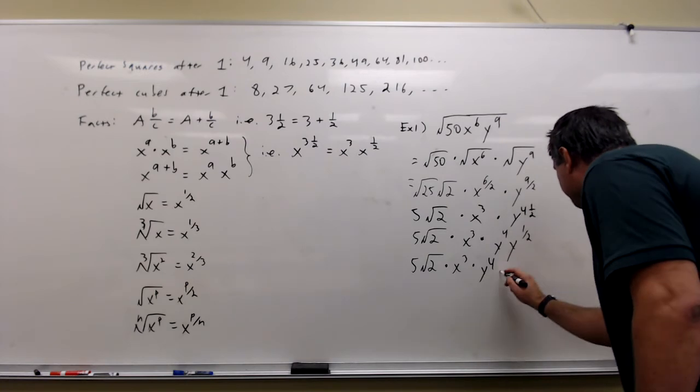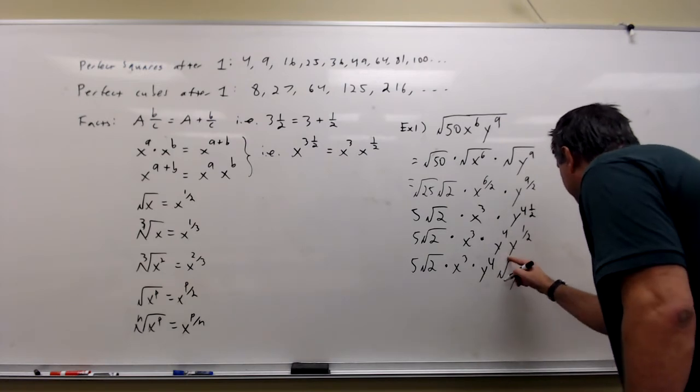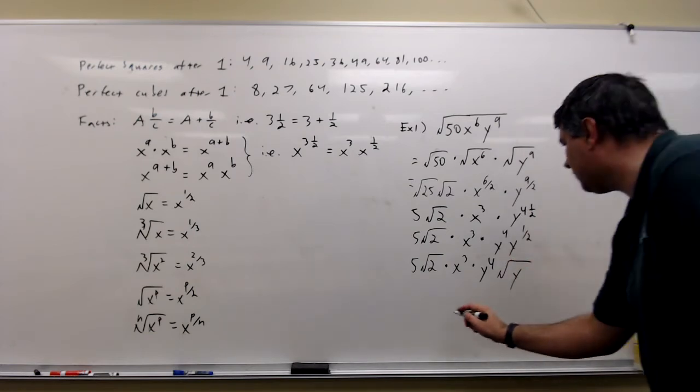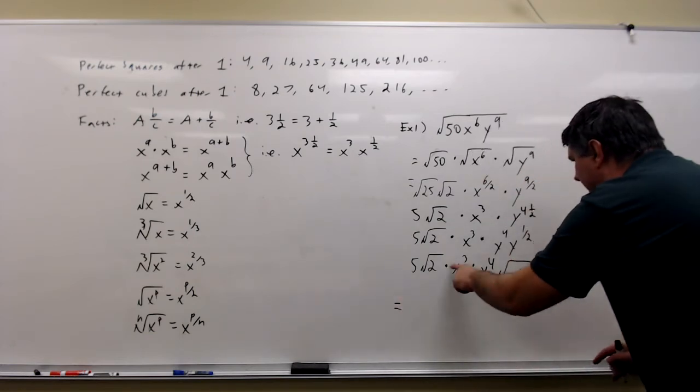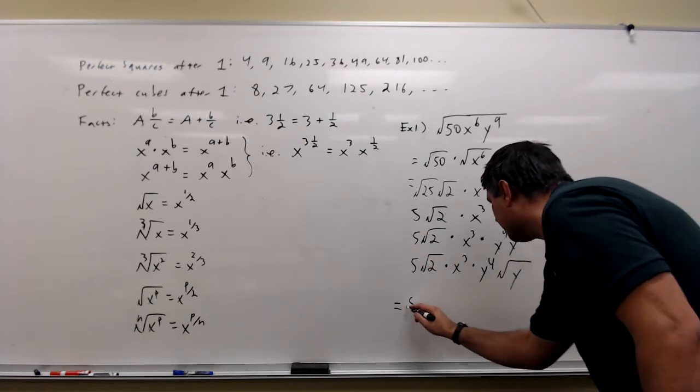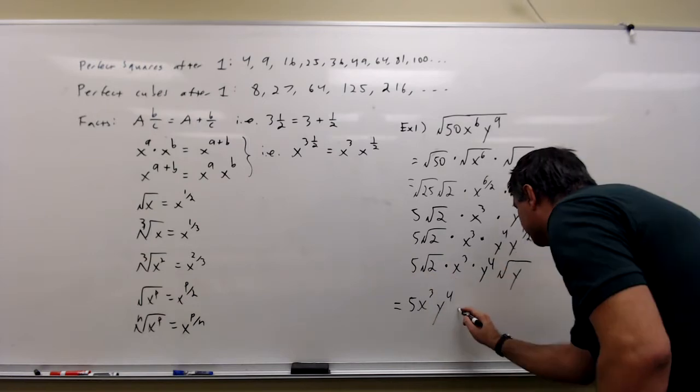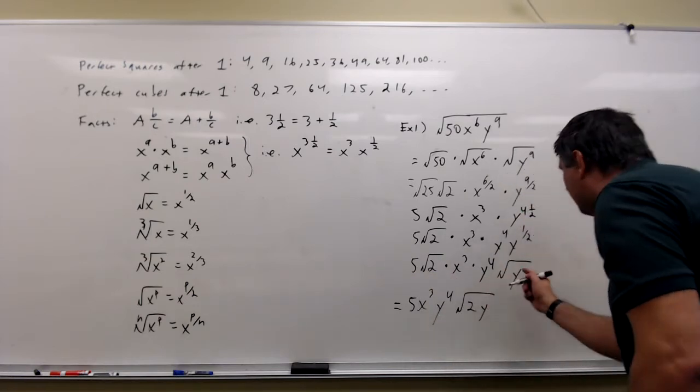I'm going to convert this back to the square root of y. And then finally, the end result will be the numbers outside the radicals times themselves, 5x cubed y to the 4th, and the radicands times themselves, square root of 2y under the radical.